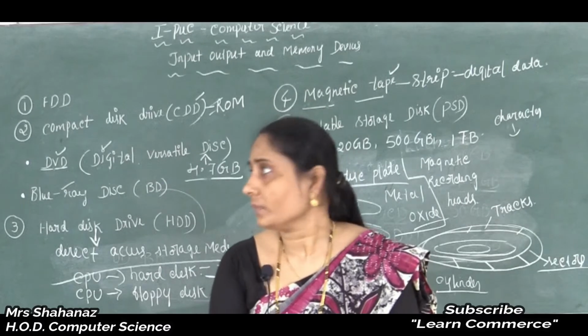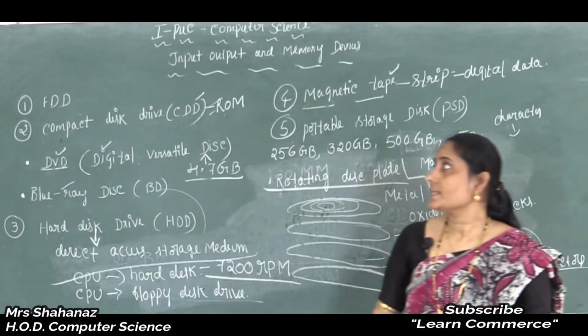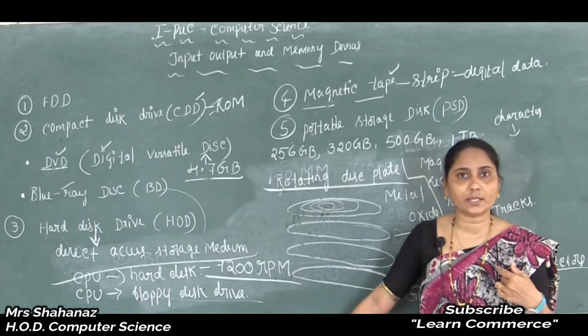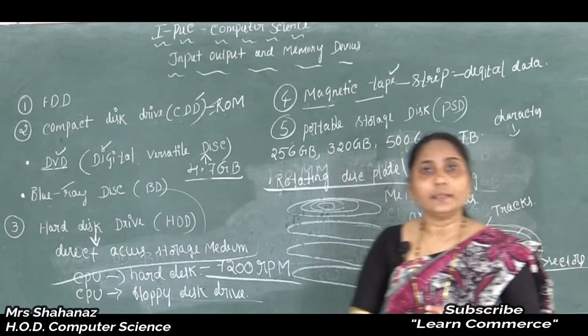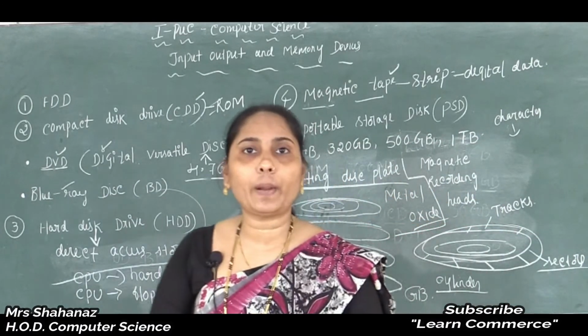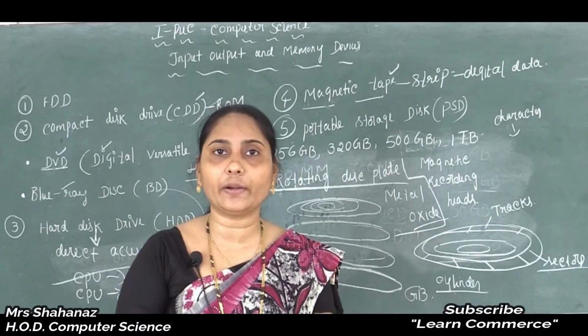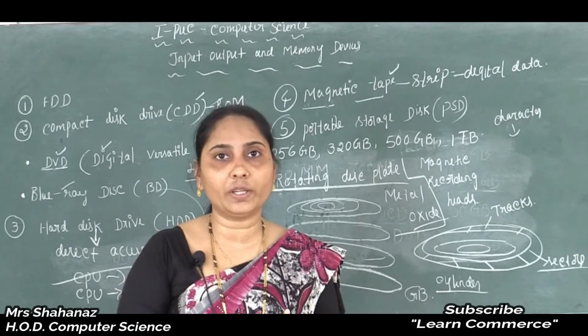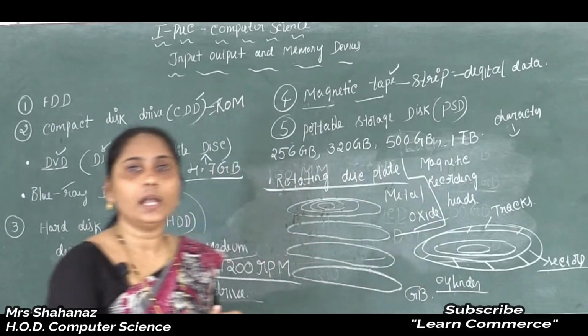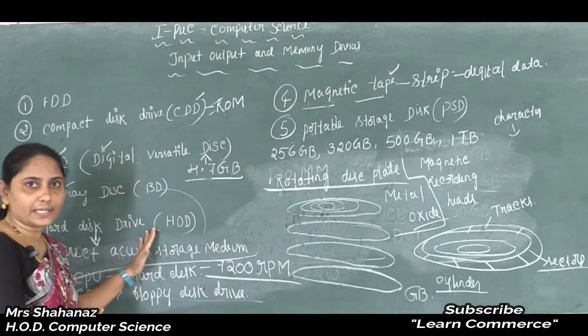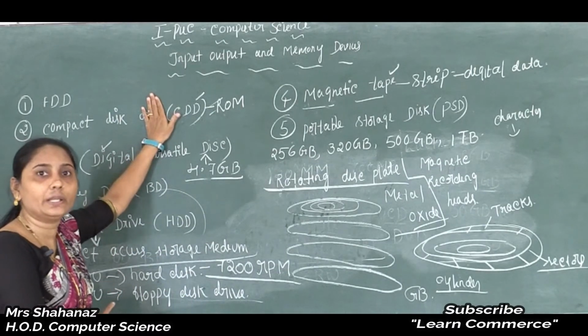So now we completed some of the secondary storage devices, and we know the primary devices, the RAM and ROM, and also some of the types of RAM as well as ROM here. Afterwards I selected secondary storage devices here.